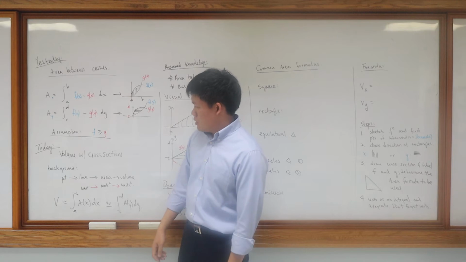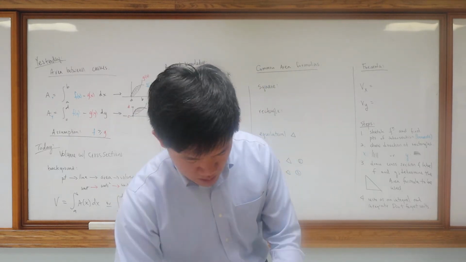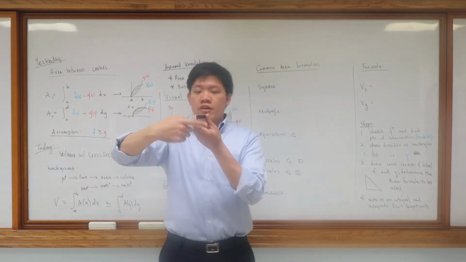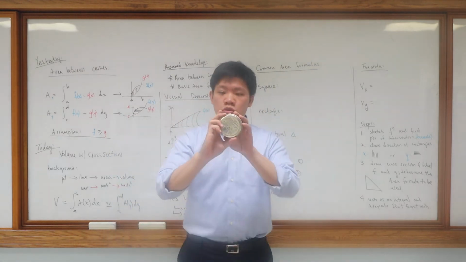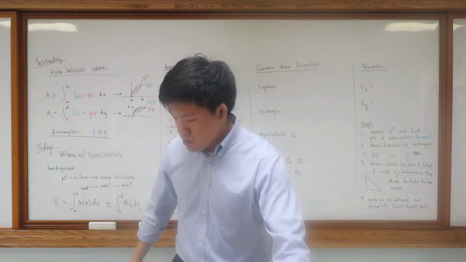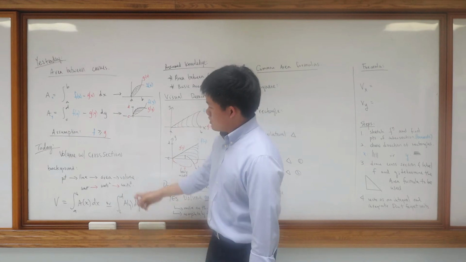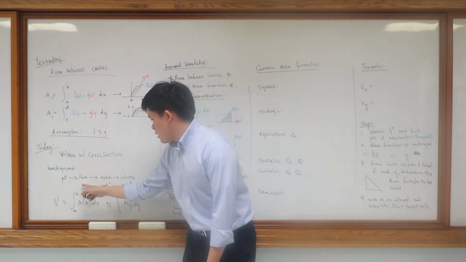Remember, cross sections are, say, if I cut this battery in half, I have rectangles. If I cut this cylinder in this direction, I have a circle. When we talk about the volume of cross sections, the way to think about it is point, line, area, volume.